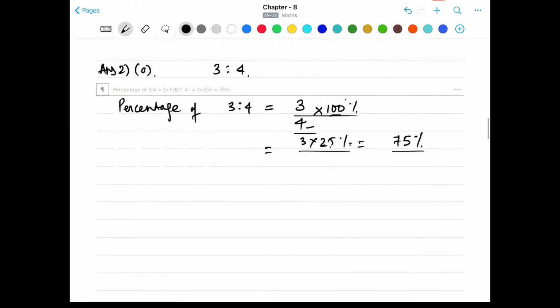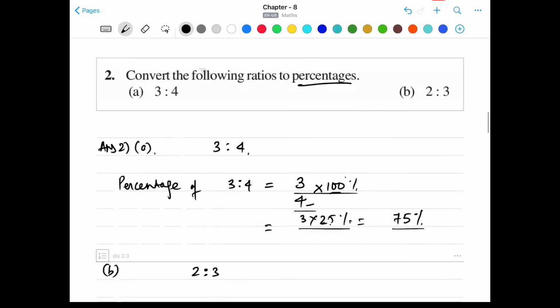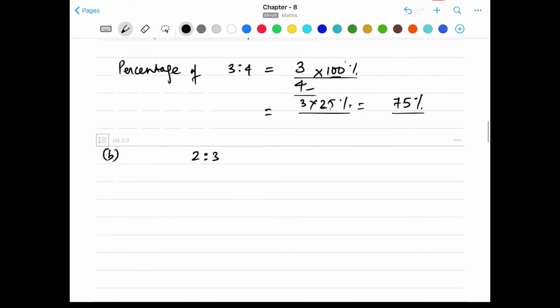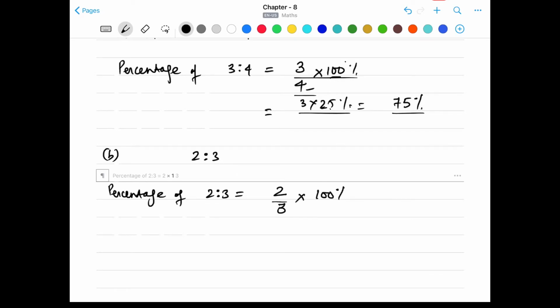Okay, now let's see the second one, part B. Here we have the ratio 2 is to 3. Okay, so we'll write the percentage of 2:3 is equal to, first we'll write this in quotient form, that is 2 divided by 3, and we'll multiply this by 100%.